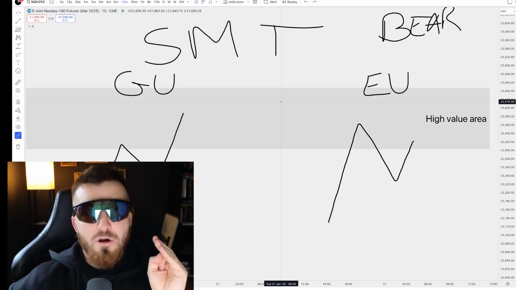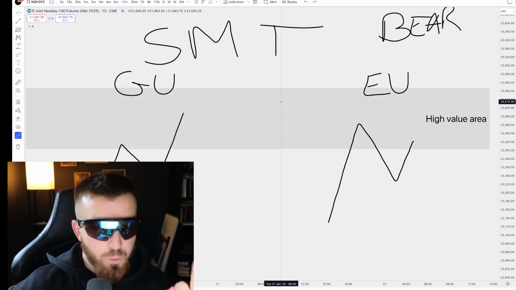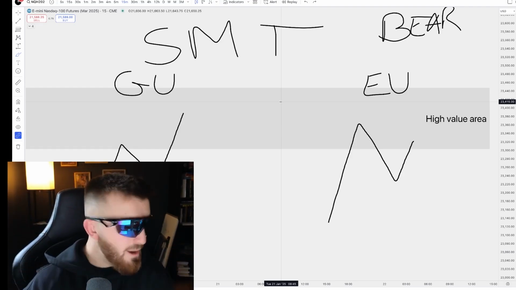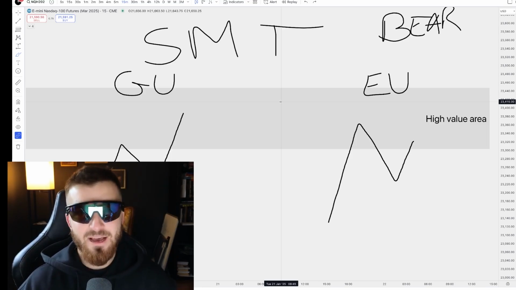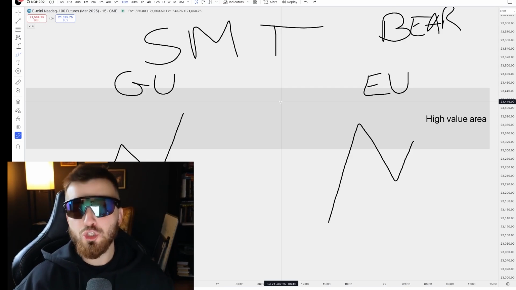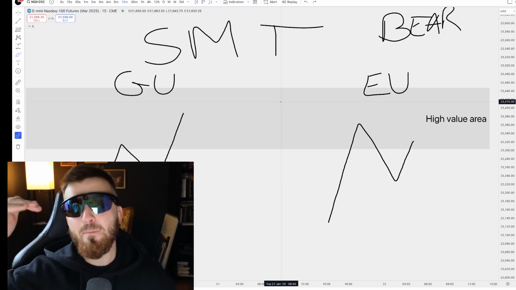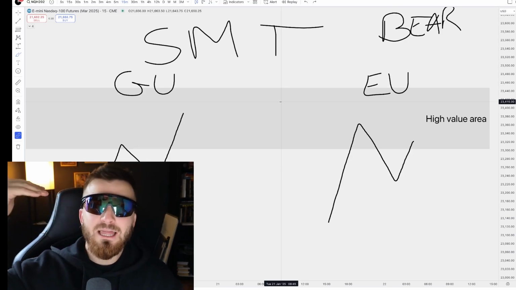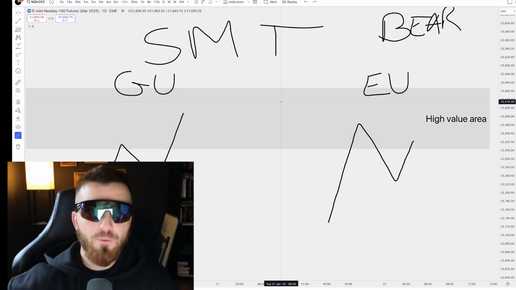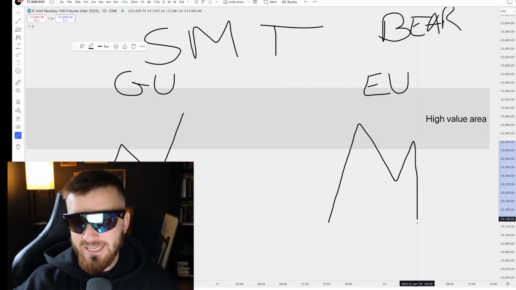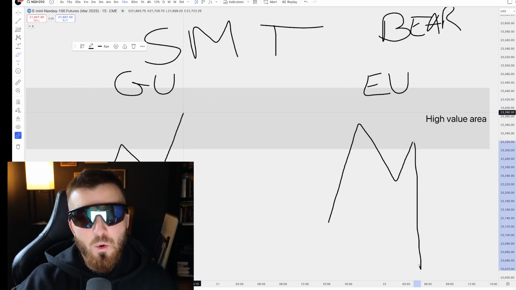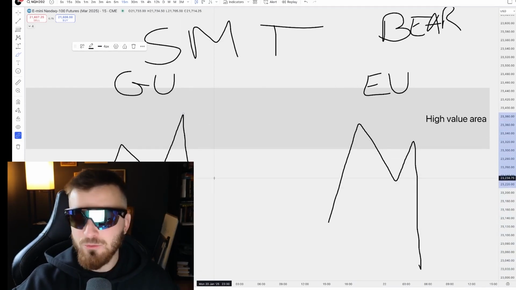And so from the point on that we see that we have a very clean bias and a very clean high value area, we are going to be looking for the SMT divergence. We are going to be looking at the pair that was not able to form the higher high, because that is going to be the most bearish pair, the pair that is going to start tanking way more than pound dollar.